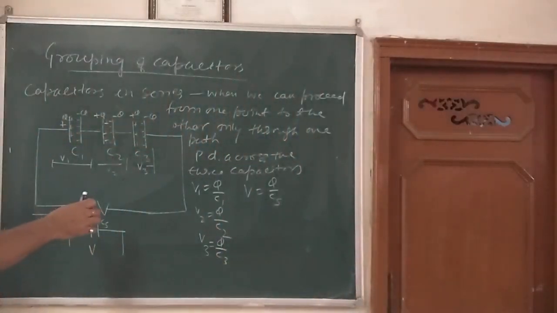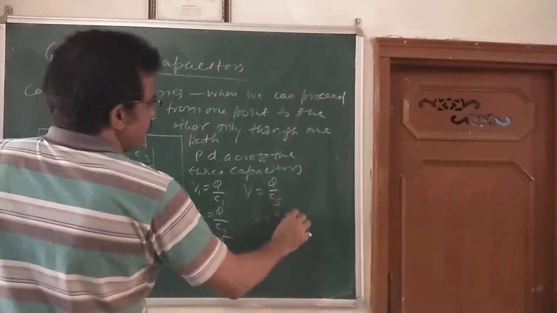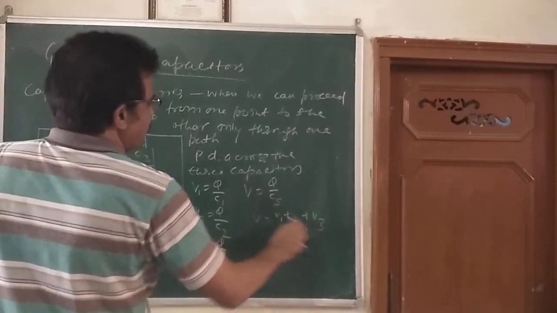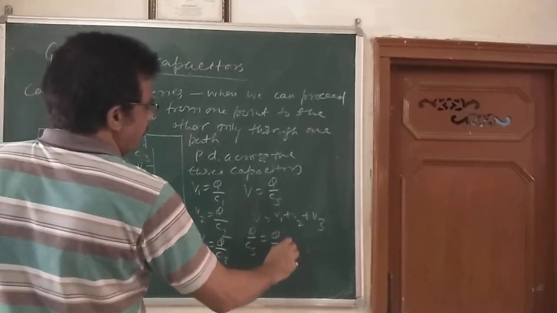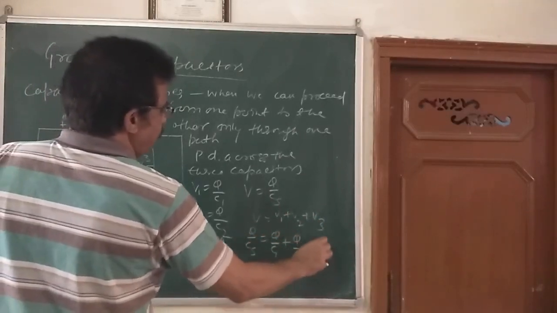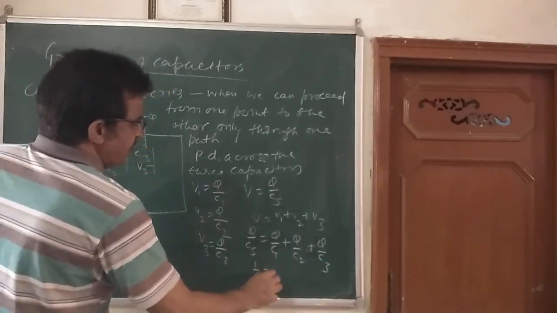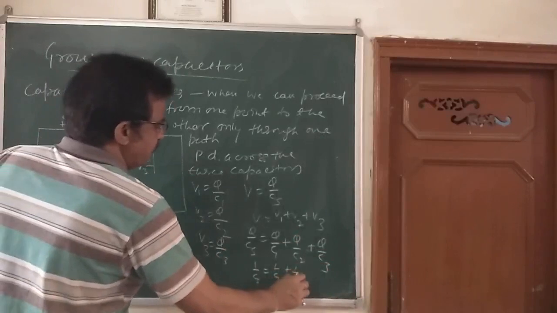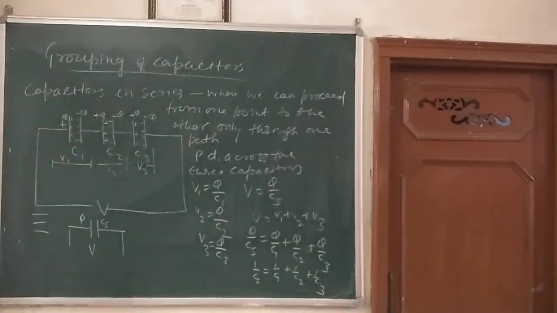The total potential V is equal to V1 plus V2 plus V3. So Q by Cs is equal to Q by C1 plus Q by C2 plus Q by C3. Q may be cancelled out, so 1 by Cs is equal to 1 by C1 plus 1 by C2 plus 1 by C3.